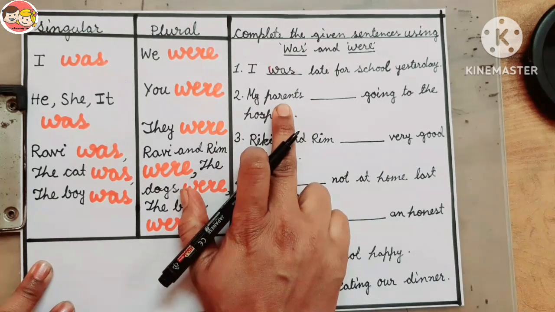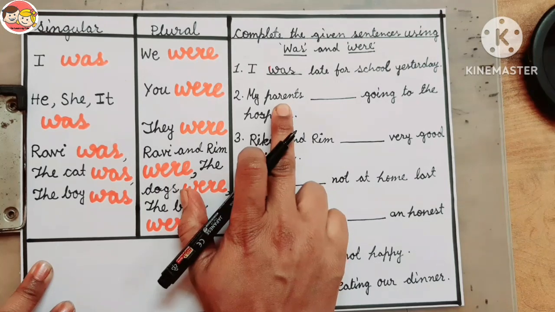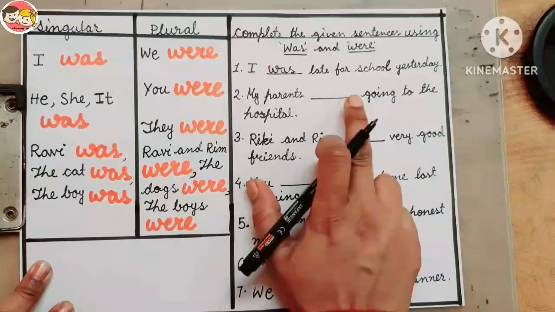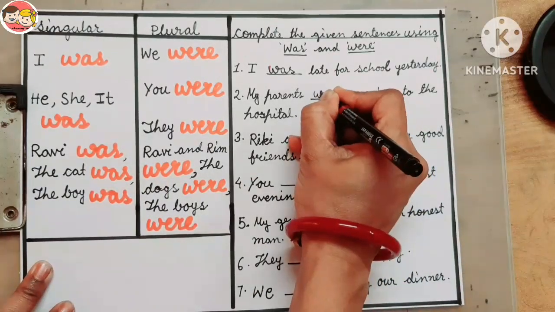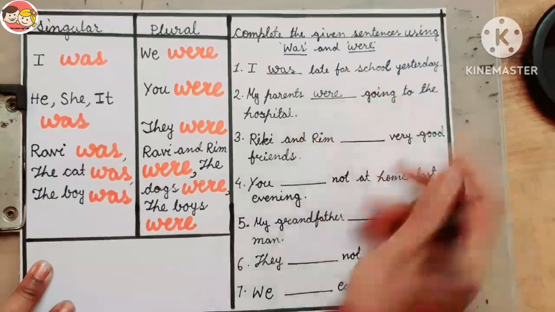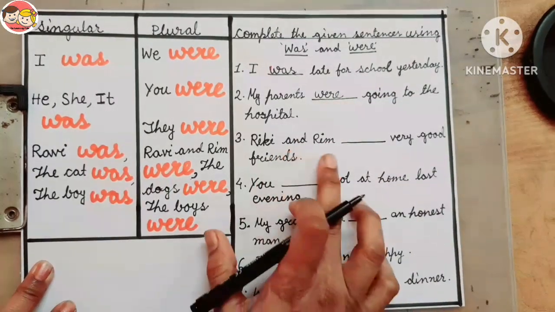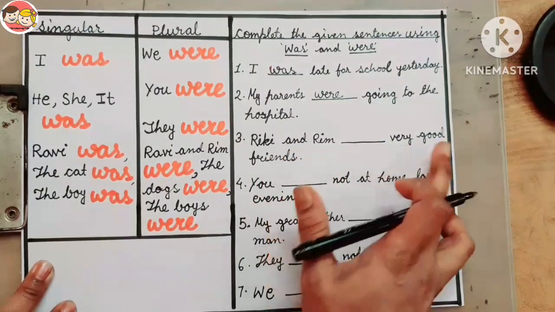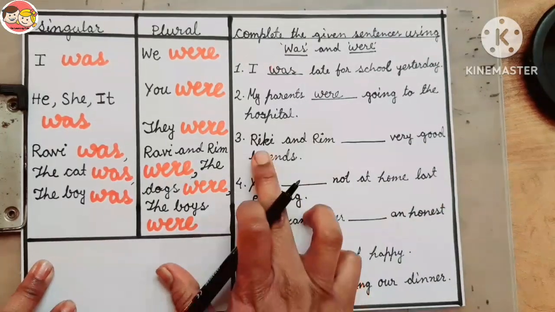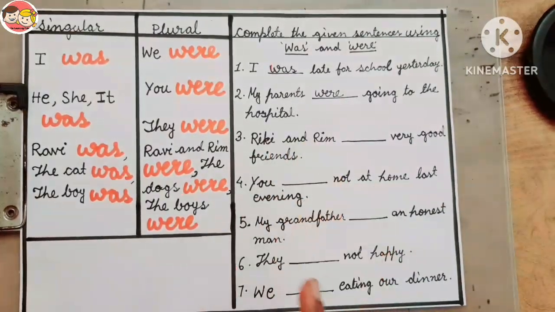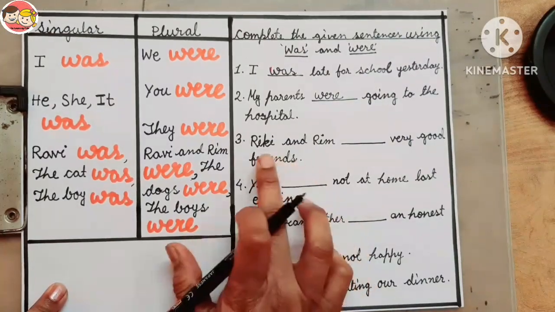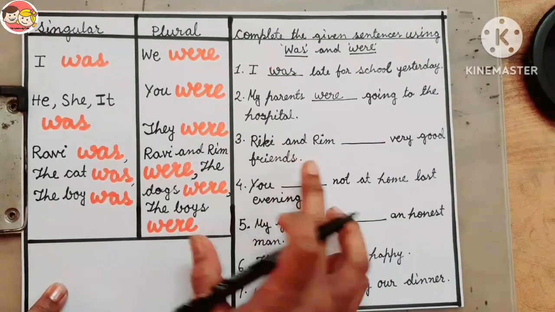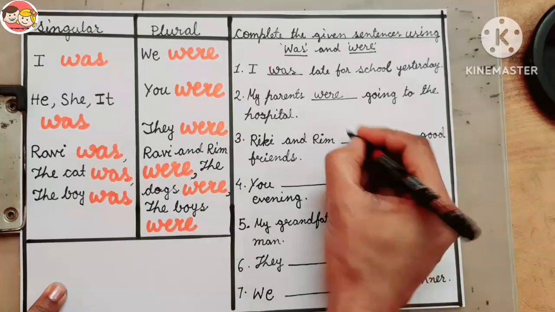Here we are talking about more than one person. So my parents were going to the hospital. Were. Ricky and Reem dash very good friends. Ricky and Reem. Here we are talking about more than one person. So here we have to use were.